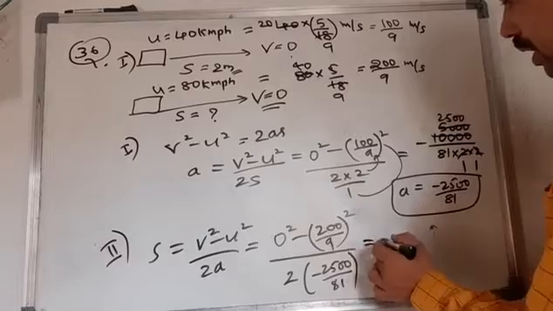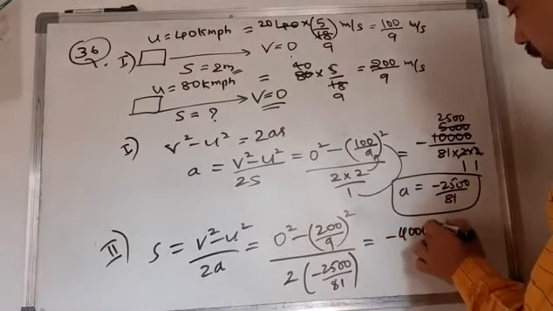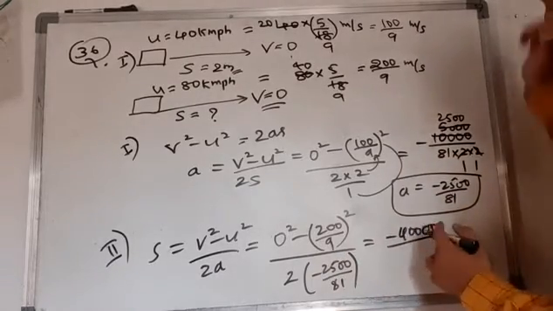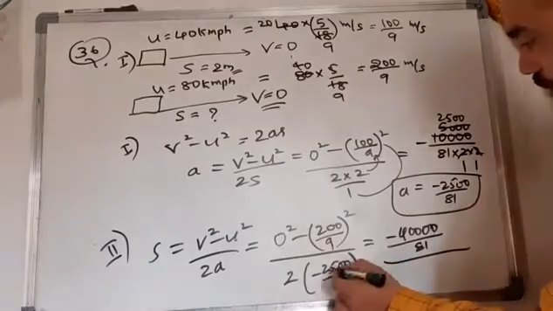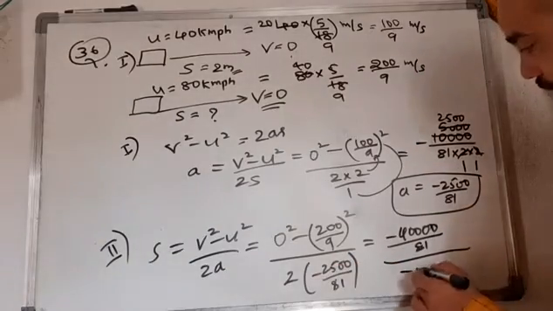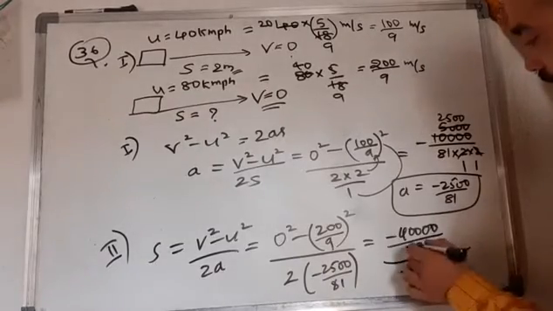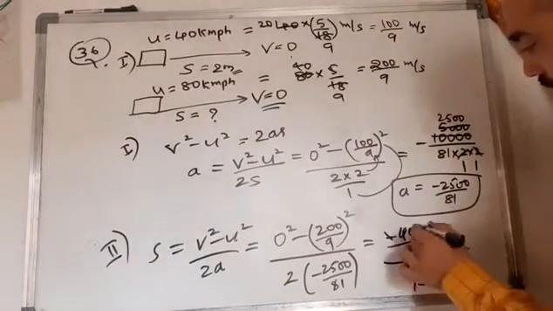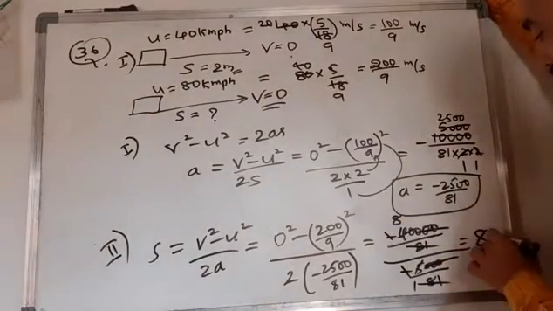So what you get here is minus 40,000 by 81, divided by 2 into 2500 which means 5,000, so minus 5,000 by 81. So 81 cancels, minus minus cancels, 3 zeros cancel, 5 ones are 5, 5 8s are 40. So you got S is equal to 8 meters.